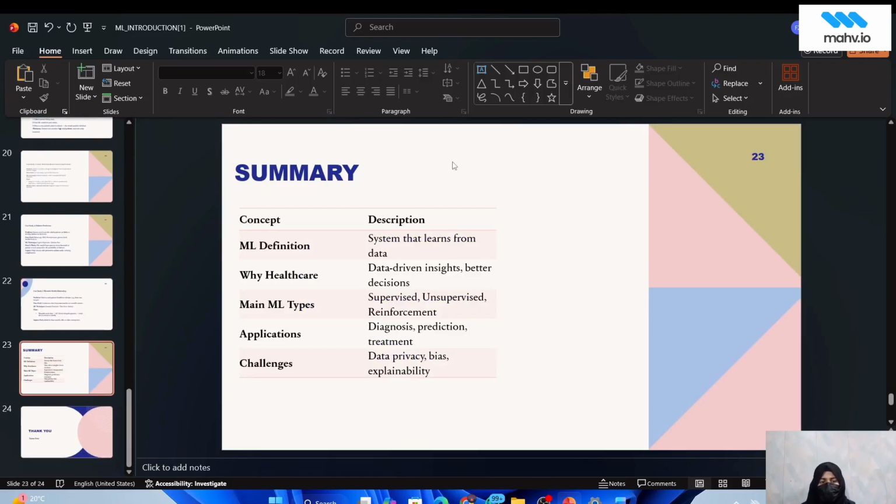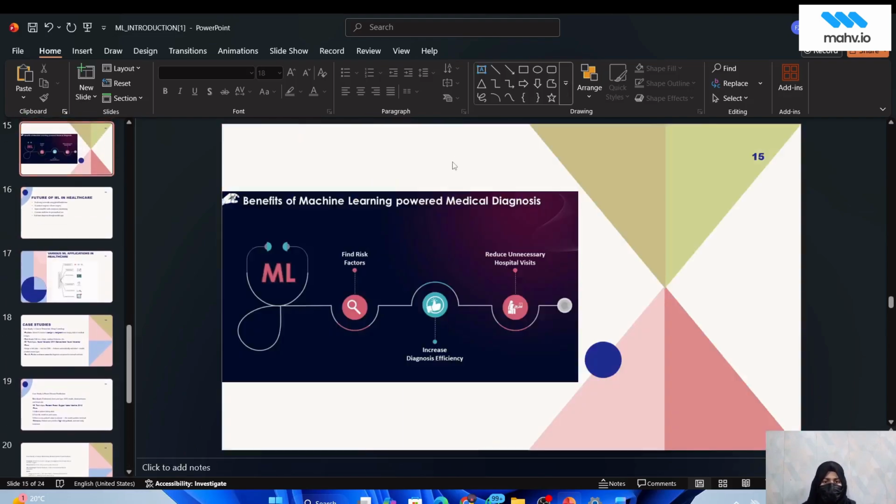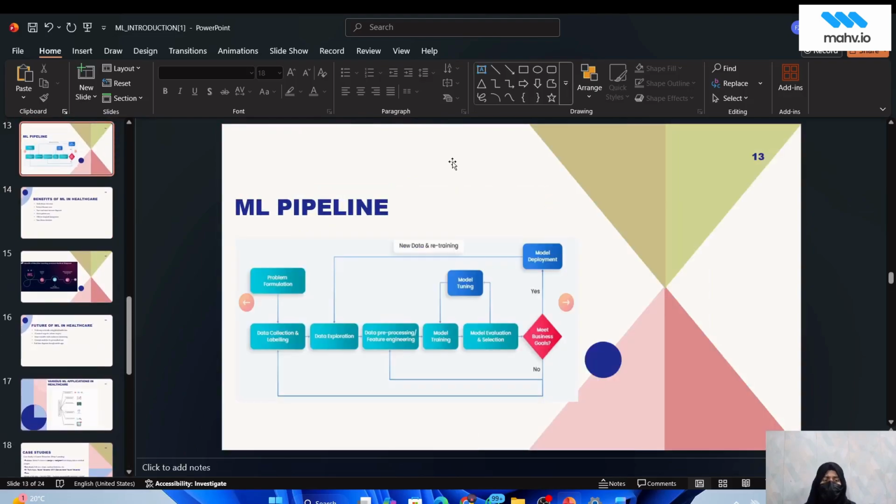After that, there is a summary: we have discussed the intro of ML here, the concepts and description. We discussed the ML definition, why healthcare, main ML types, applications, and challenges. Here your main focus is on that diagram, which shows the pipeline, the flow of ML.